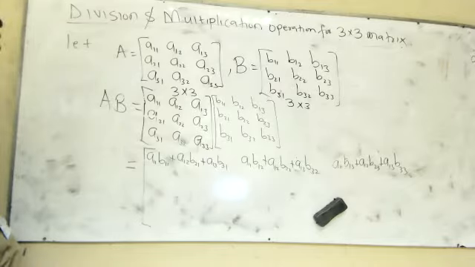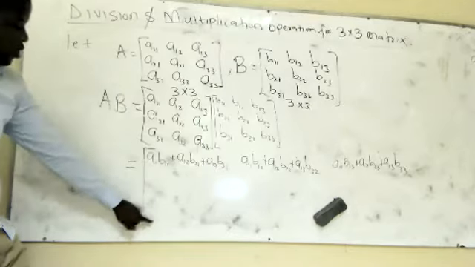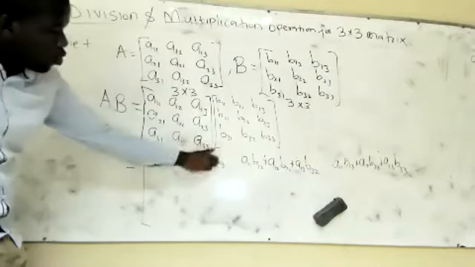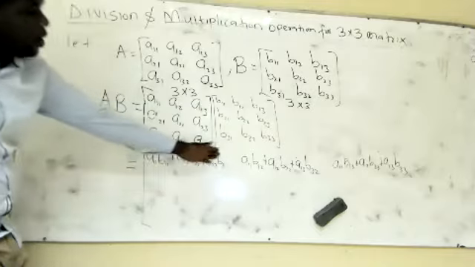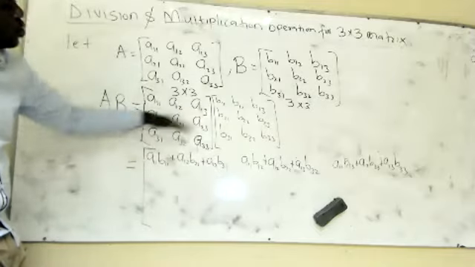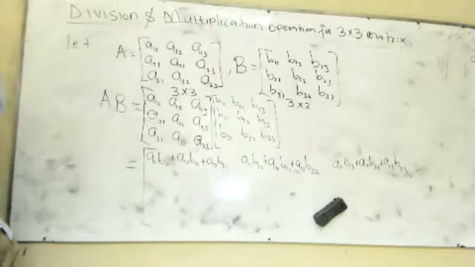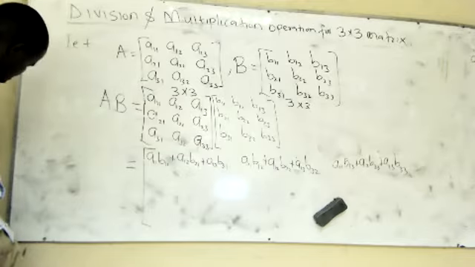It's row 3, column 1. In order for us to get this one, we multiply row 3 and column 1. To get the next one, it's row 3 and column 2. And then the last one is row 3 and column 3. Is that clear?